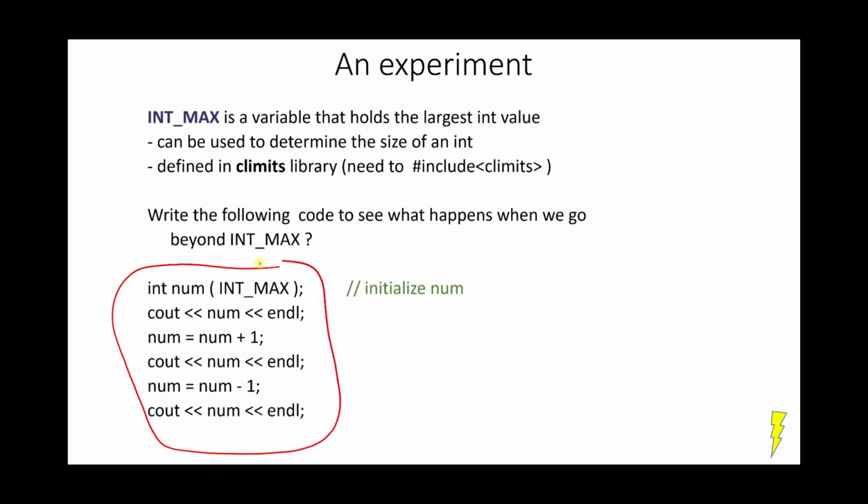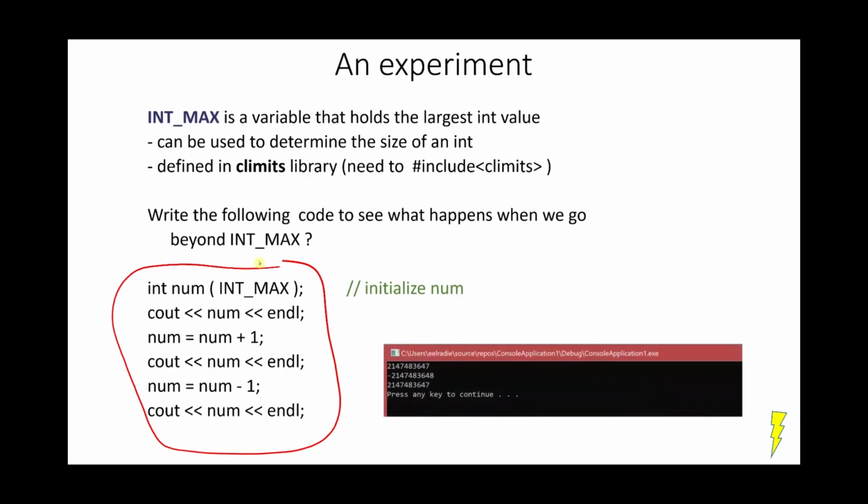Now the values are going to be the following: the maximum of an integer, then the minimum, then the maximum again. How so? I'm storing INT_MAX into num, but then I'm incrementing.